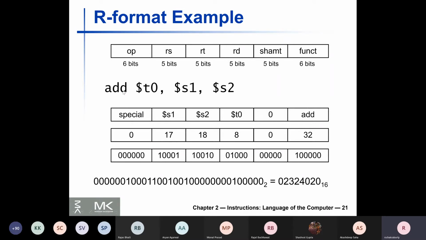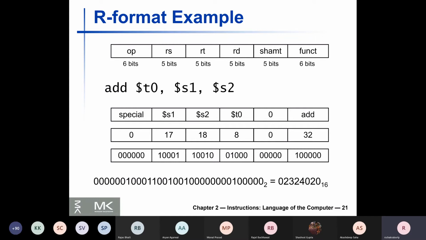The conversion of add $T0, $S1, $S2 to this thing, I shouldn't call it the reverse conversion, that is probably the forward conversion. This is the assembler's job. That's what the assembler does.